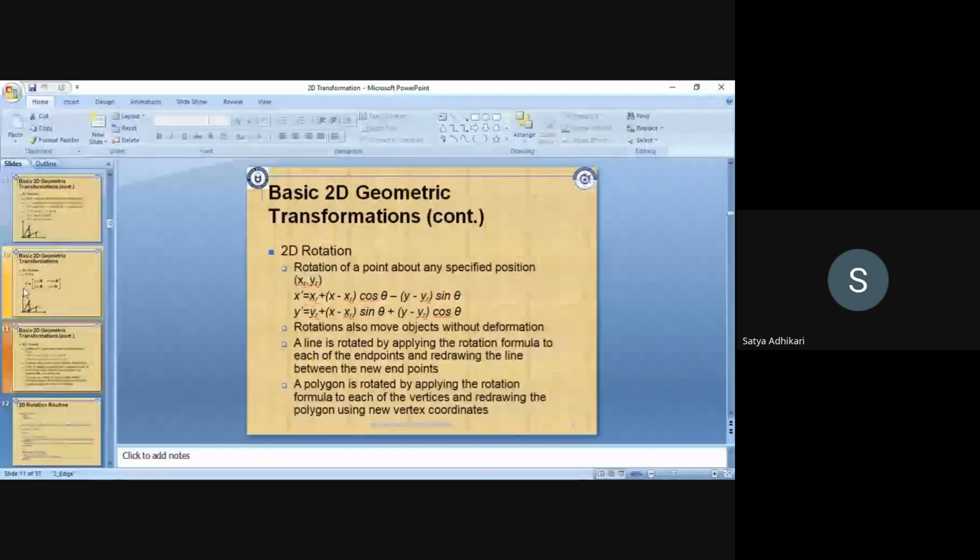So you rotate these two endpoints of the line by a specified angle theta with respect to a pivot point, and you get two new locations of these points. You rejoin or redraw, joining those points, and it is the specified output.